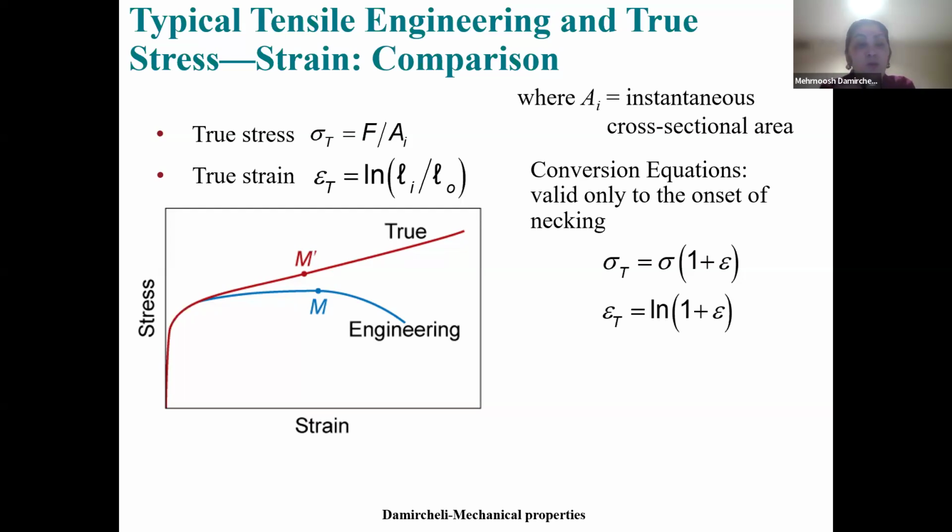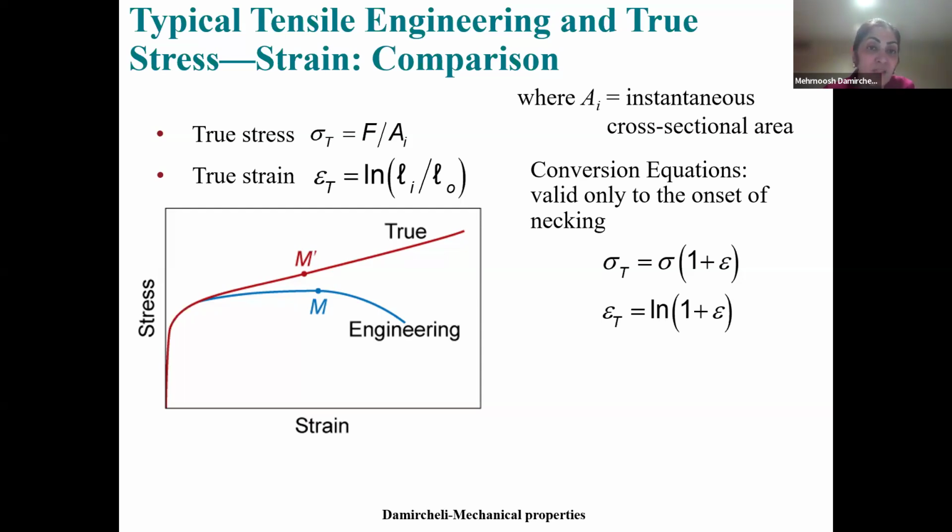For example, when we are doing the test, we cannot always use the length at that time in our equations for epsilon, or use the cross-section area exactly at that time. Because of that, we use engineering, but definitely true stress and true strain are more accurate. So T here is the symbol of true, sigma T is F per Ai.